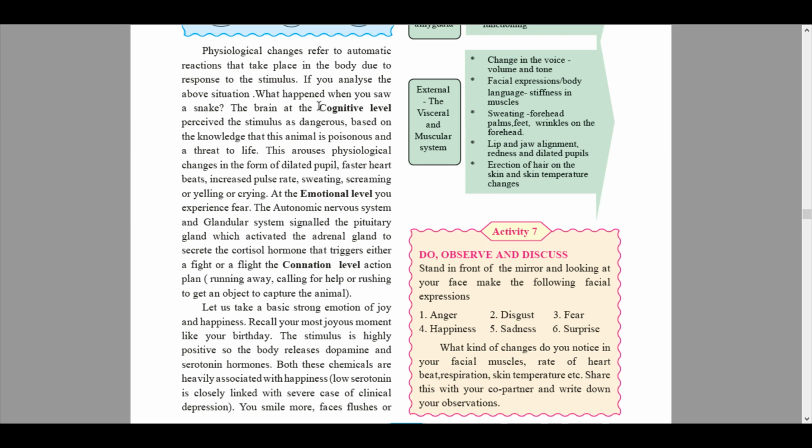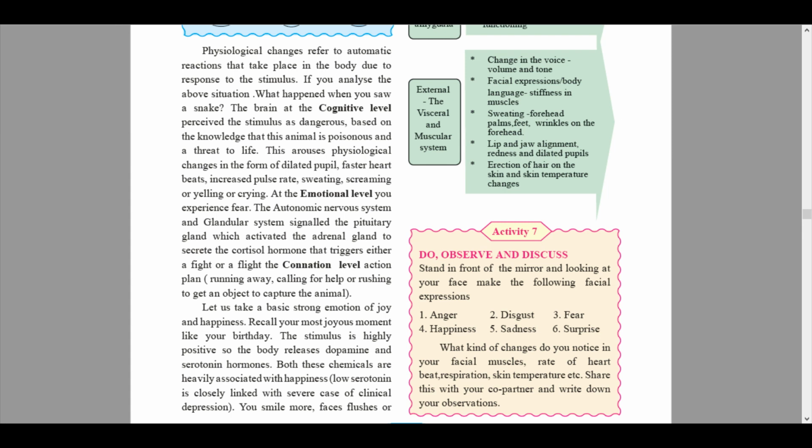So this was the emotional level. This is much easier to interpret than the cognitive level, but these are the aspects that build up the next level we're moving forward to, that is our connotation level. The connotation level action plan: run away, call for help, or rush to an object to capture the animal. So this will be our output, or our reaction, as soon as we see it.